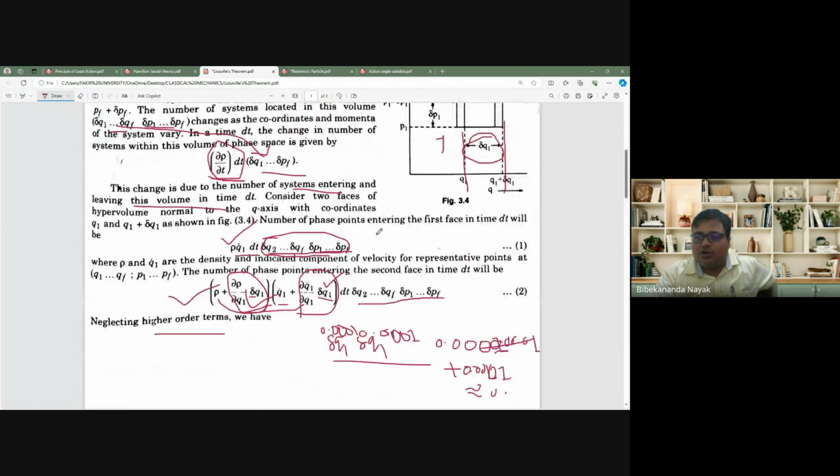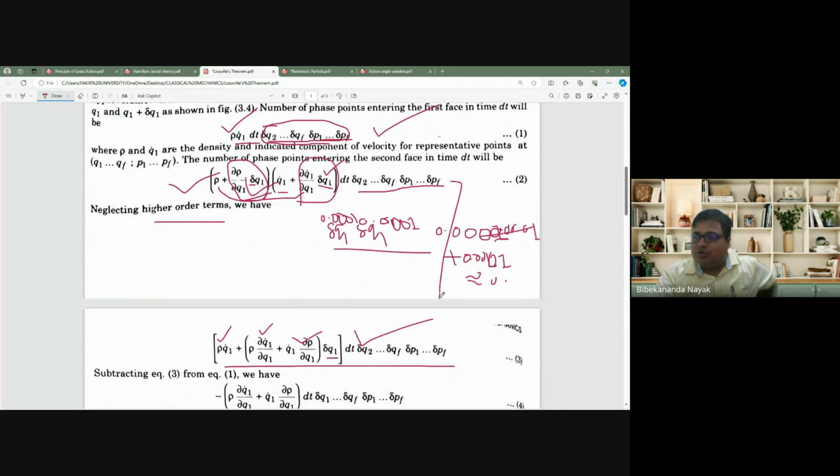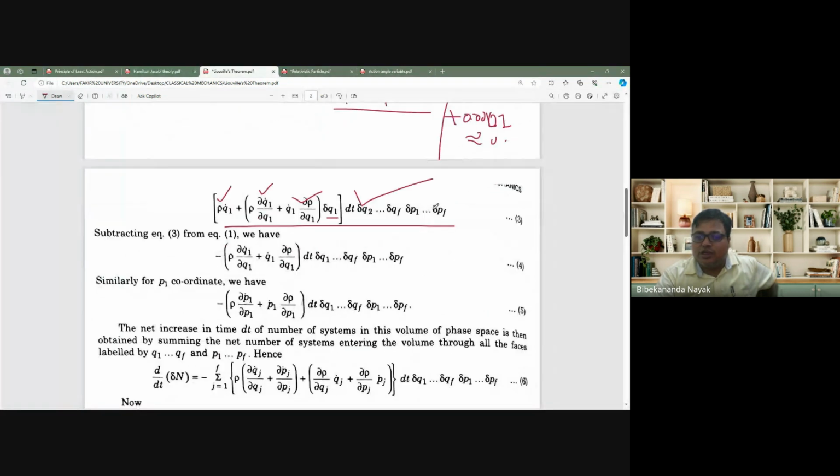So the total number of phase points remaining in the system will be equation 3 minus equation 1.